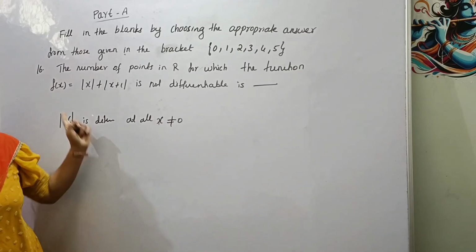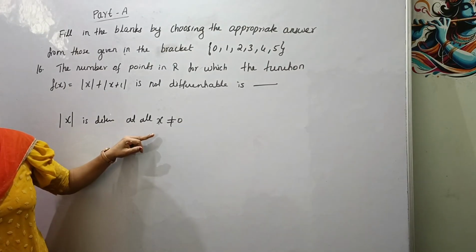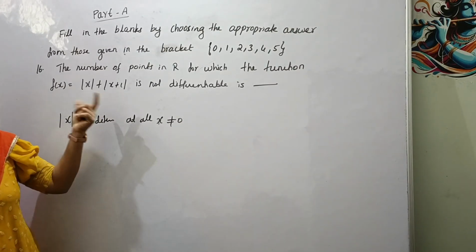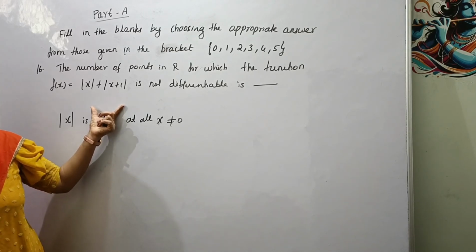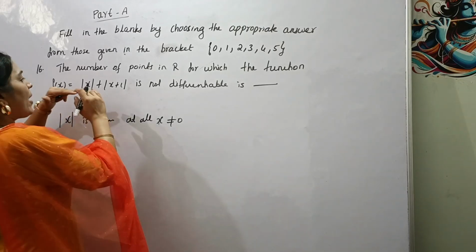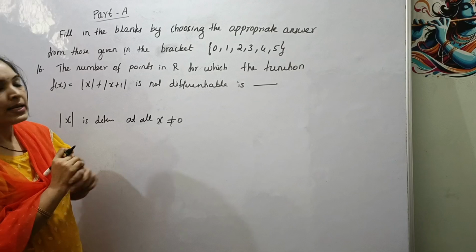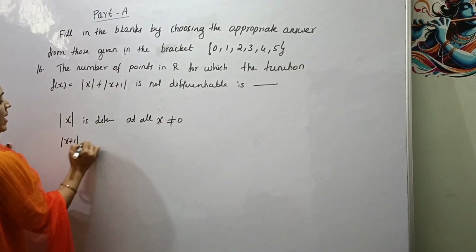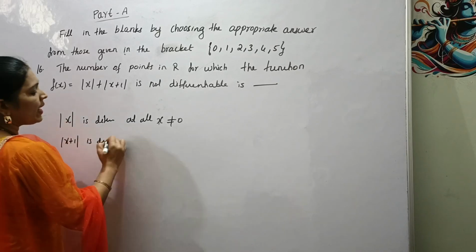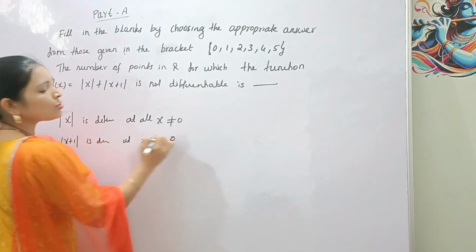That means this function is differentiable at all x not equal to 0. Then here our function also has modulus x plus 1, right? So modulus x plus 1 is differentiable at all the points except where x plus 1 is equal to 0.